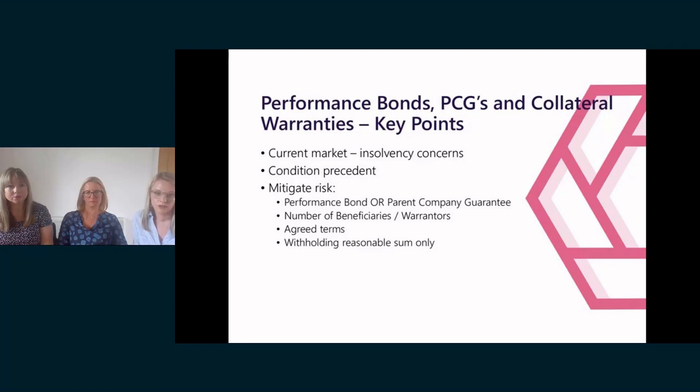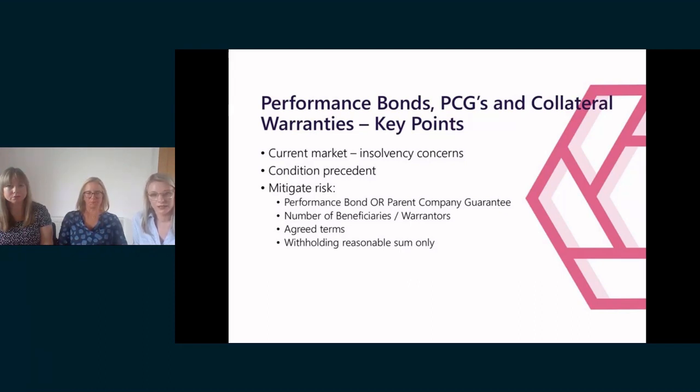Well, security documents, so PCGs and bonds. Often a main contractor is required to provide both a bond and a PCG. Given these documents are both principally to protect against insolvency risk, arguably two forms of security protecting against the same risk is excessive, although a developer who's had to deal with an insolvent contractor recently may not agree with that point.